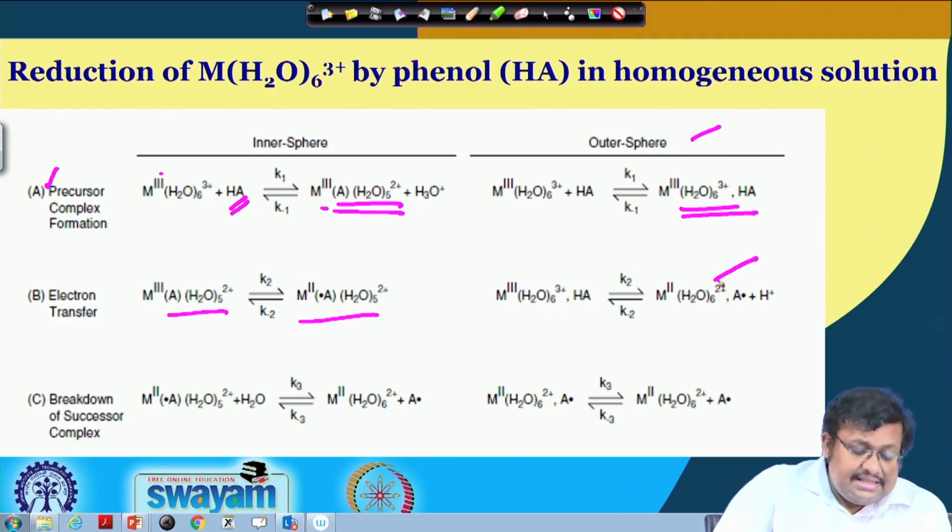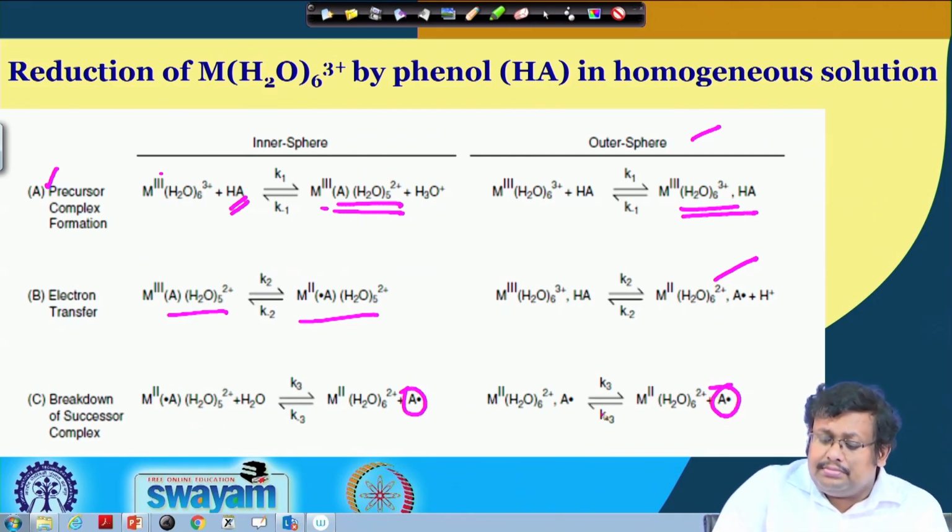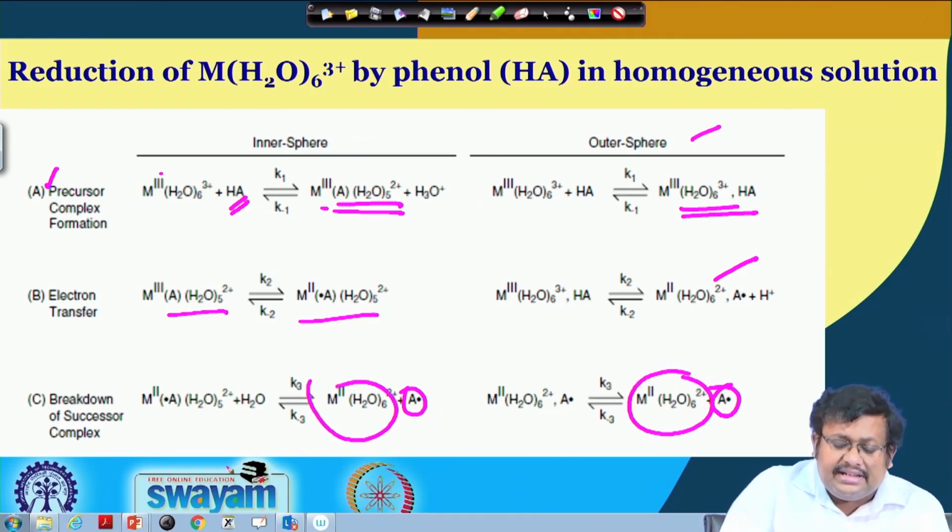Similarly here, and in the third phase, obviously, is the breakdown of the successor complex. You can see the successor complex further breaks down to release these products, and ultimately the complex is reduced to M2 plus.